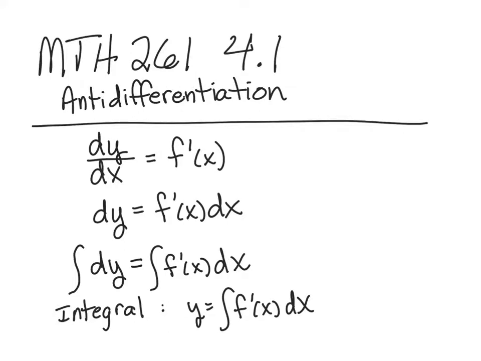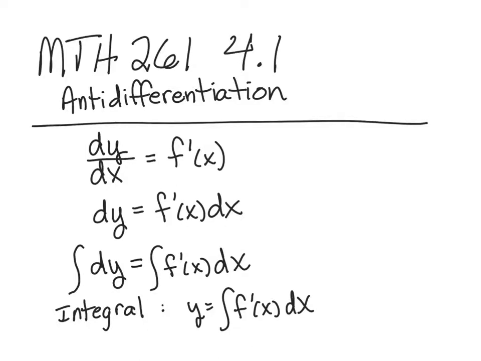What we have to do for all of this chapter is take this, which is called the integrand, the thing that you're integrating, and we have to figure out what was the function before the derivative was taken.